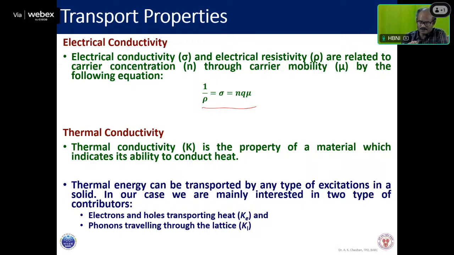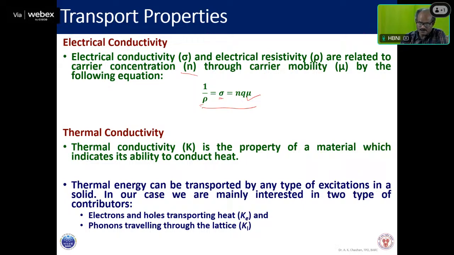Electrical conductivity or electrical resistivity is related to carrier concentration through carrier mobility mu, and the formula is like this. So electrical conductivity sigma is n e mu, or n q mu.